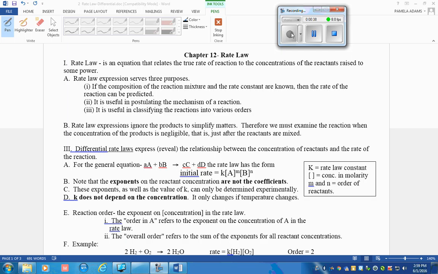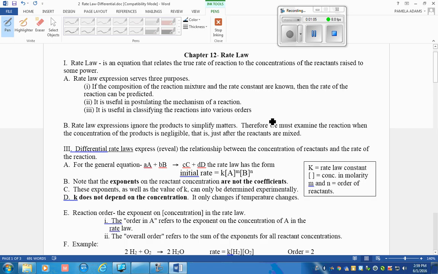All right, now when we're talking about rate law, we can talk about how products are formed or how reactants are used up. We are going to ignore the products, and in order to ignore the products, what we need to do is to look at reactions and study them at the instant they start.